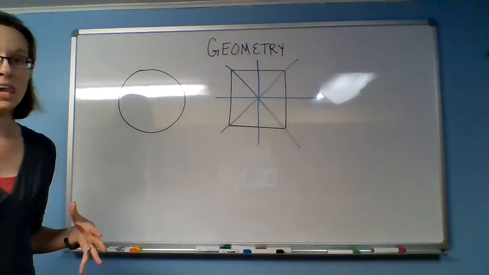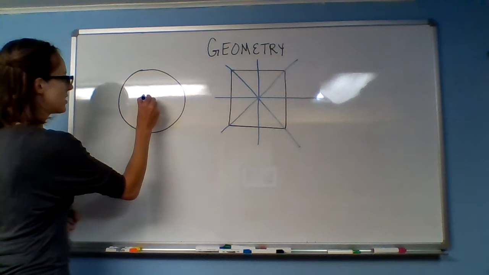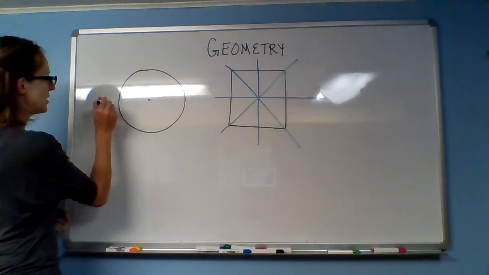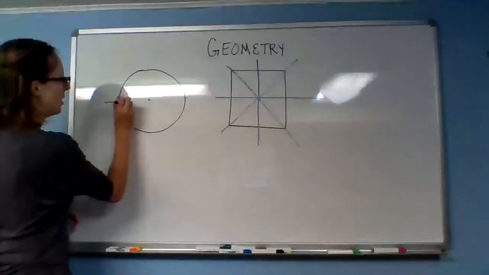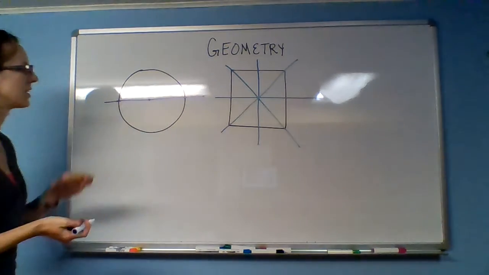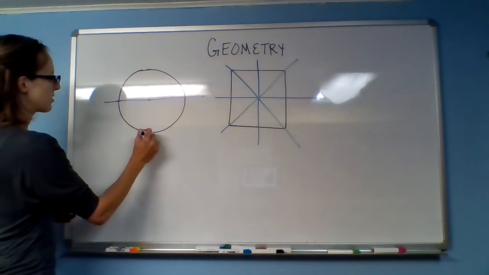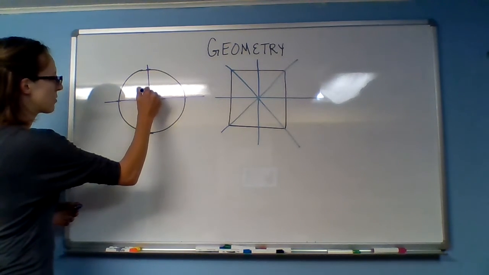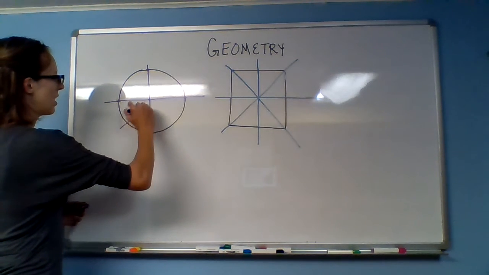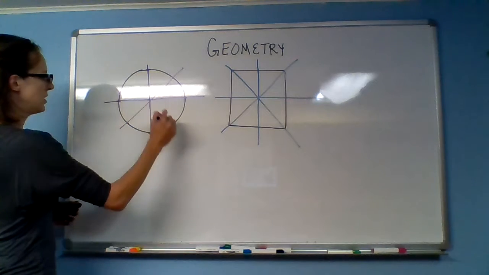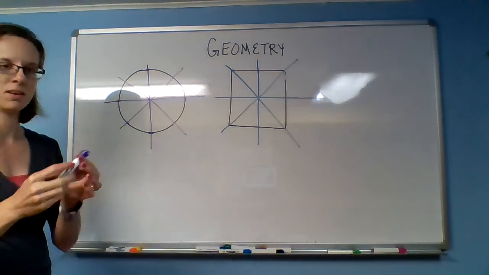A circle has infinite lines of symmetry because as long as I go through the center point from one edge to another, I've created a line of symmetry, and I could fold the top down onto the bottom. I can pick any 2 points across from each other, go through the center point, and that line of symmetry is created.